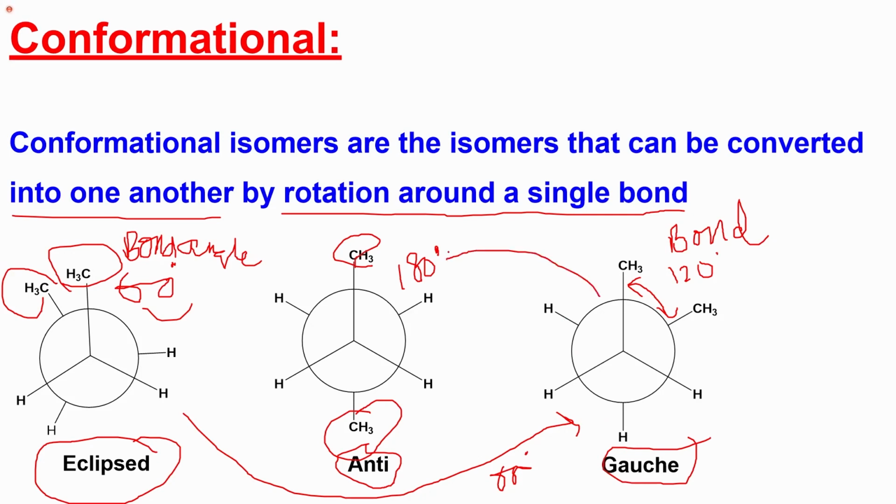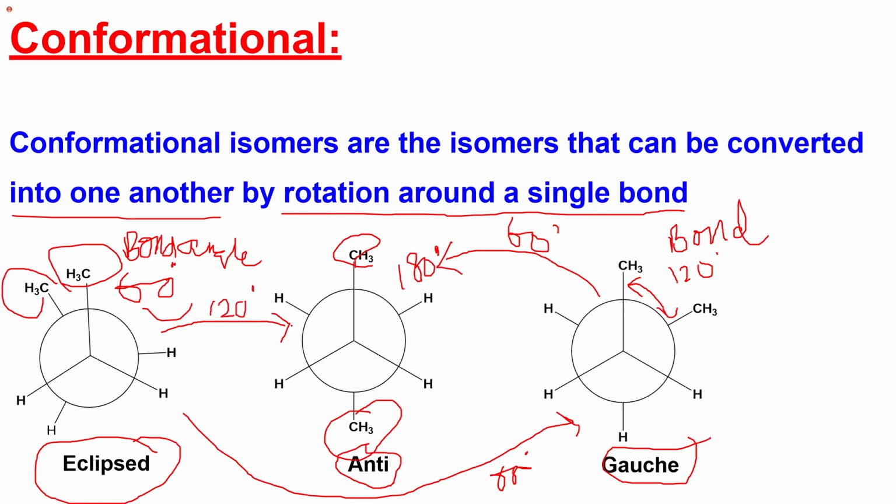Another 60 degree rotation, you'll get the anti isomer. From 0 degrees to 60 degrees rotation, you will get the eclipsed isomer. Now this is the anti isomer. If one wants to go from eclipsed to anti directly, then one has to go with a 120 degree rotation.